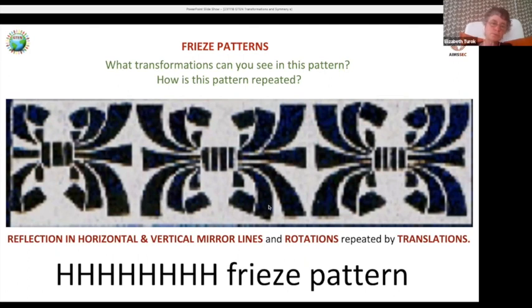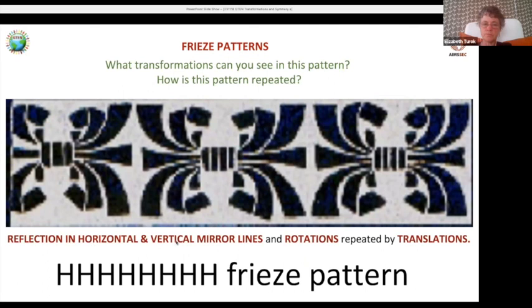And then that whole fancy bow shape, or if you like, very fancy letter H, is translated along this way. You can imagine the strip pattern going on forever to the right, and forever to the left.